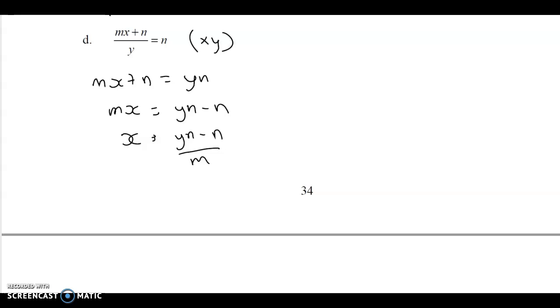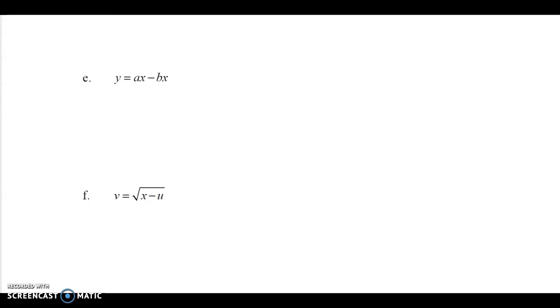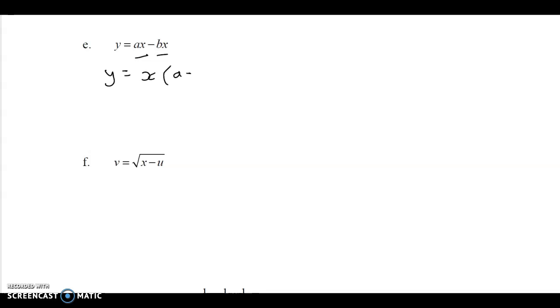So we've got a couple more, and there'll be a little trick that we're going to need to get our answer in E. So you notice in E, there's two terms with the x in it. And so we're going to have to be a bit clever here to get x alone. And the skill we're going to use is factorizing. So if we factorize the right-hand side, we're going to get y equals x times a minus b.